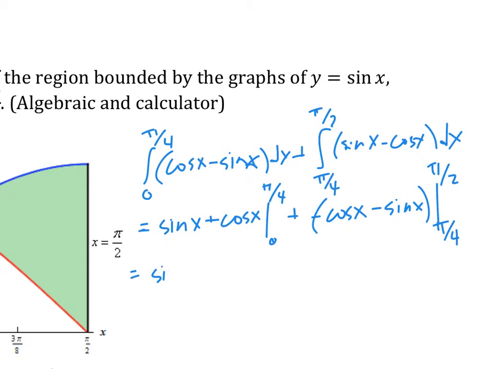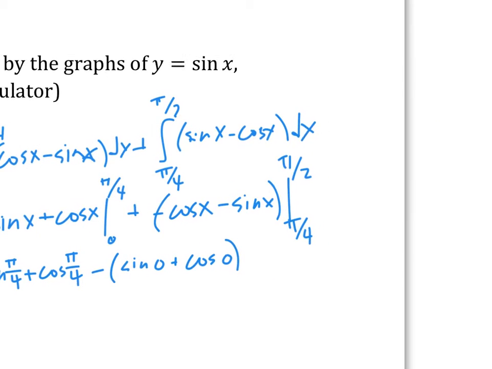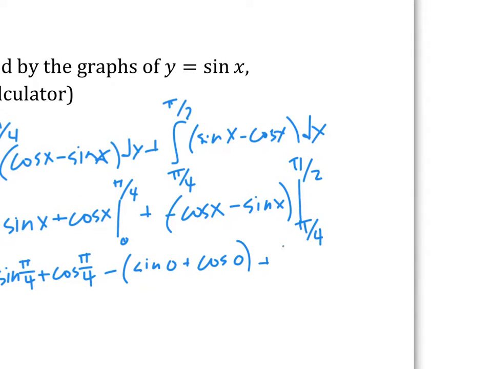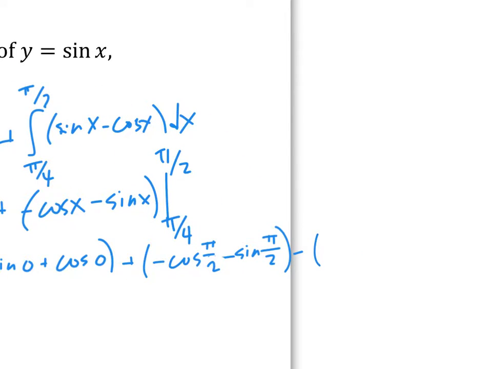Sine of pi over 4 plus cosine of pi over 4, minus sine of 0 plus cosine of 0, plus, minus cosine of pi over 2 minus sine of pi over 2, minus, minus cosine of pi over 4 minus sine of pi over 4.